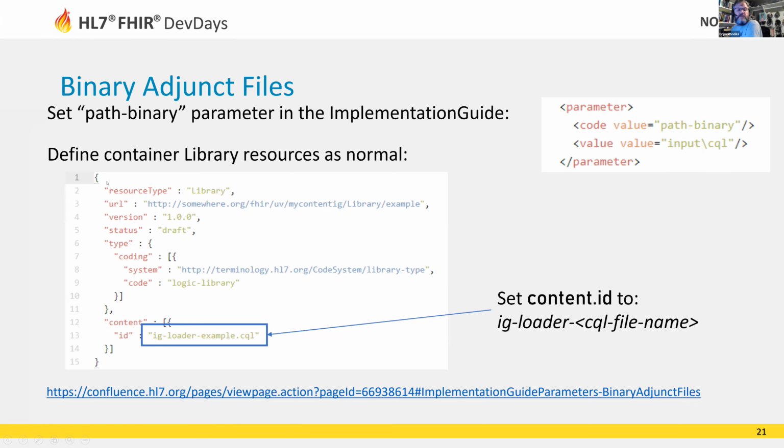Then it will go through all of the library resources that have a content ID flag here, and it will use the name of the CQL file to pull that content in. So it will translate it and pull it in as base64 encoded content within the library resource. There's documentation on that binary adjunct files parameter there.